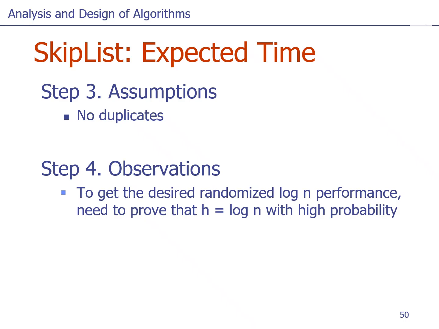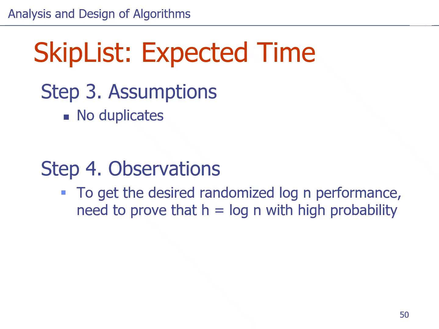Now, here is the main observation. To get the desired randomized log n performance, we need to prove that the height, the h, is equal to log n with high probability. Why am I approaching it this way? I have no control on the heads and tails that will come up.